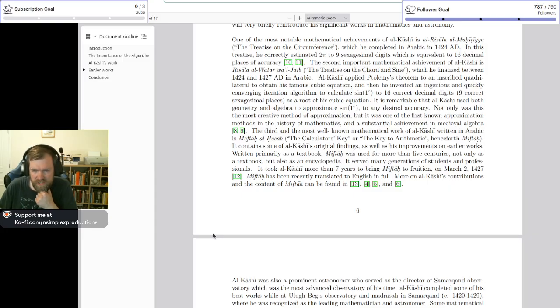It served many generations of students and professionals. It took Al-Kashi more than 7 years to bring Miftah to fruition, completing it on 2nd of March 1427. Miftah has been recently translated to English in full. More on Al-Kashi's contributions and the content of Miftah can be found in the following.